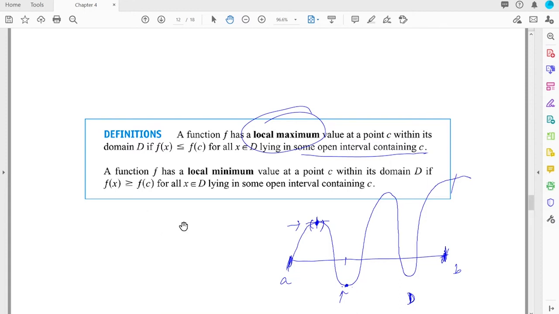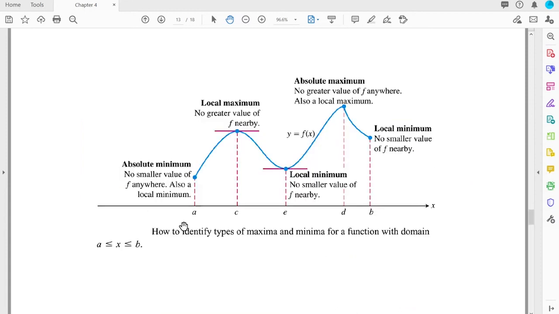Okay, so here's one graph. As you can see, this is the graph of a function. This is our absolute maximum value and this is our absolute minimum value, because that's the largest value on this domain and this is the smallest value on this domain.